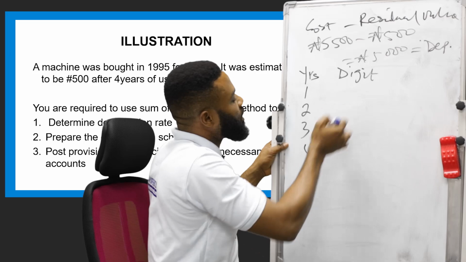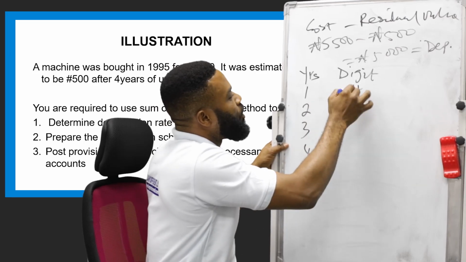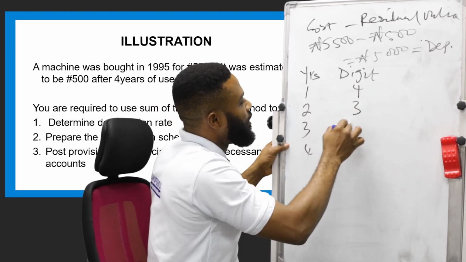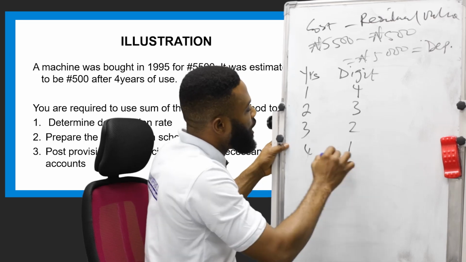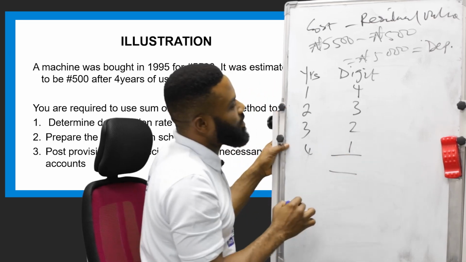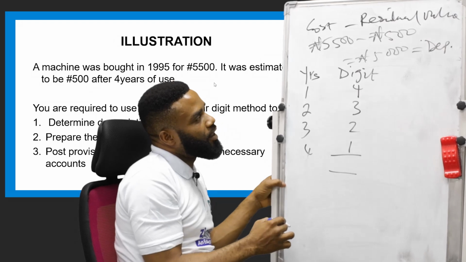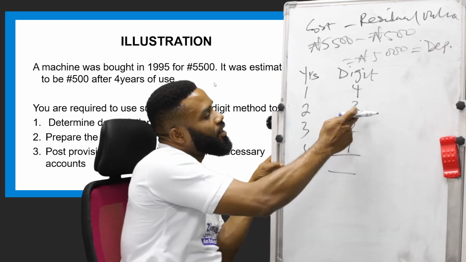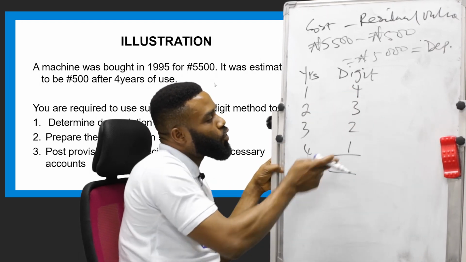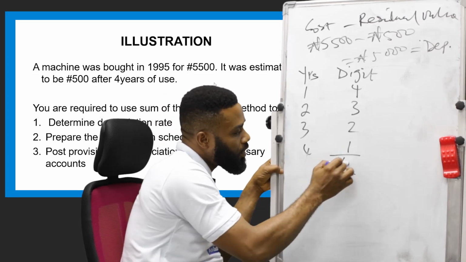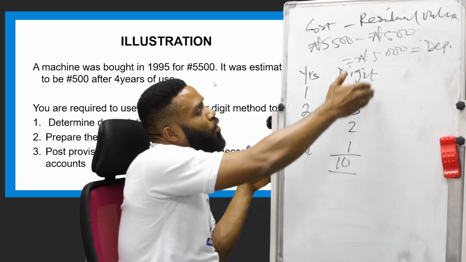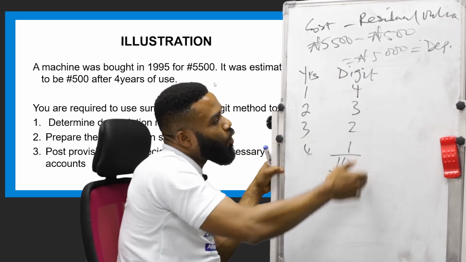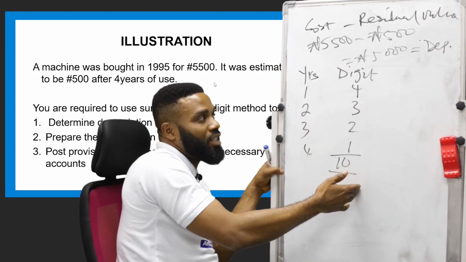Now the digits are going to start from 4 in reverse order: 4, 3, 2, 1. When you add this up, 4 plus 3 is 7, plus 2 is 9, plus 1 is 10. This is what we call the arithmetical progression.